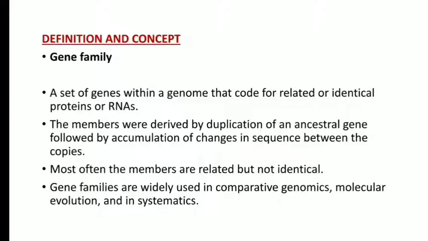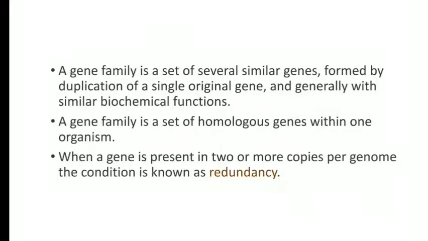Through this we can identify the evolutionary history of those organisms. More precisely, we can say that a gene family is a set of several similar genes formed by duplication of a single original gene and generally with similar biochemical functions, which is a set of homologous or similar genes within one organism. When a single gene is present in two or more copies per genome, the condition is known as redundancy.